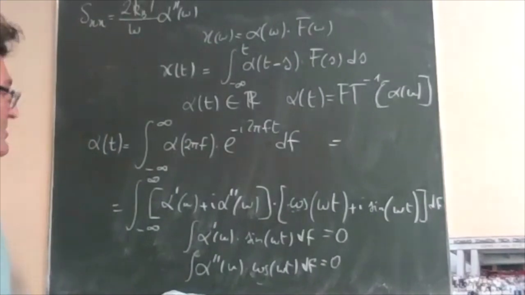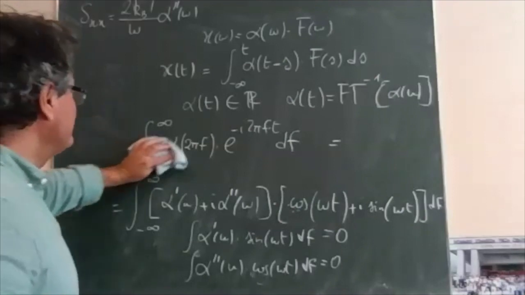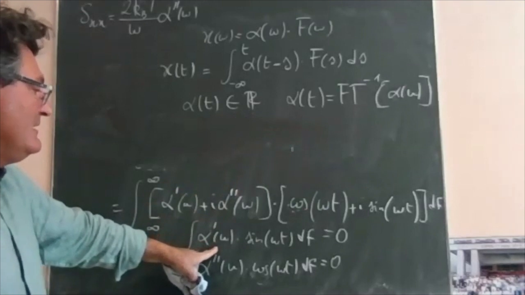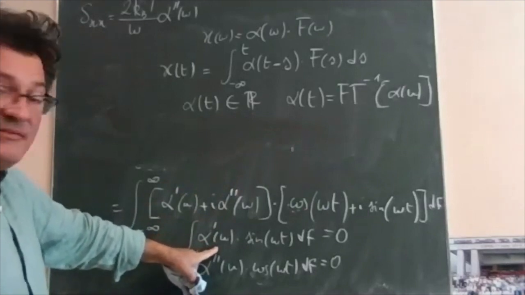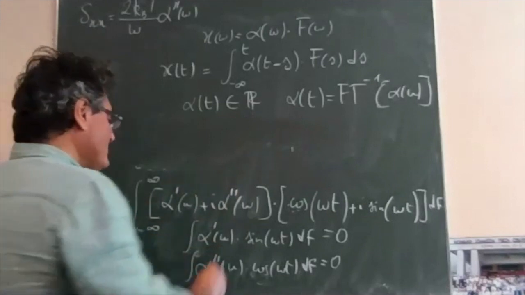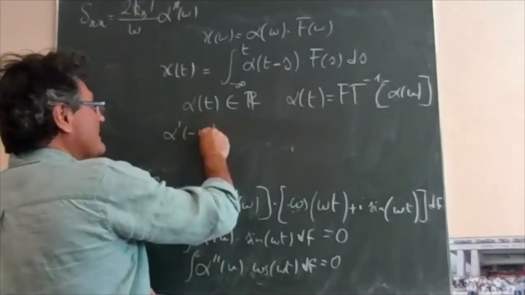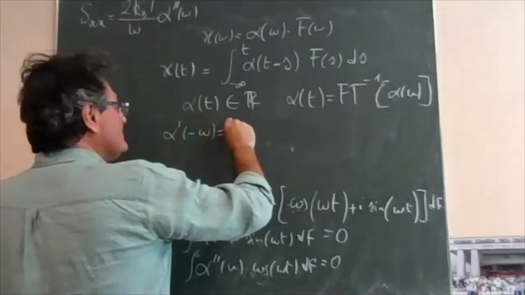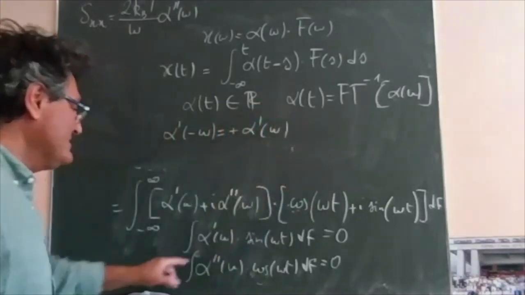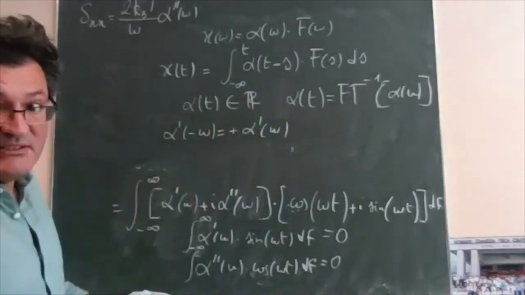Okay, great. It means that alpha prime needs to be an even function with respect to omega, and alpha second needs to be an odd function. So alpha prime of minus omega must be equal to plus alpha prime of omega. In this case, the integral from minus infinity to plus infinity is definitely 0.